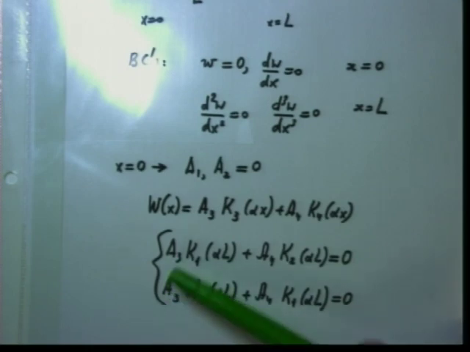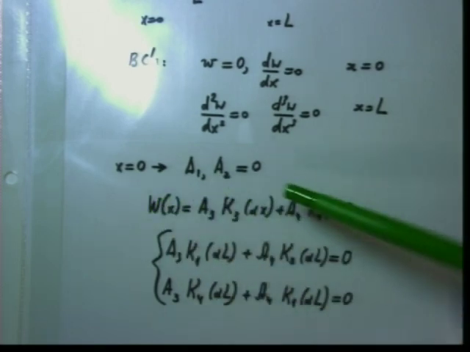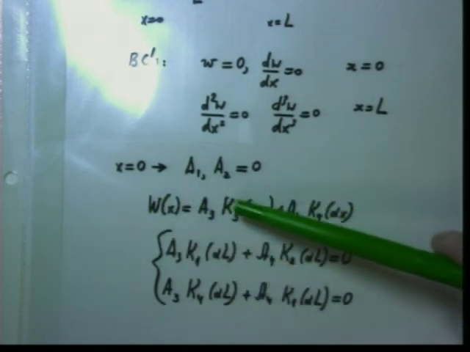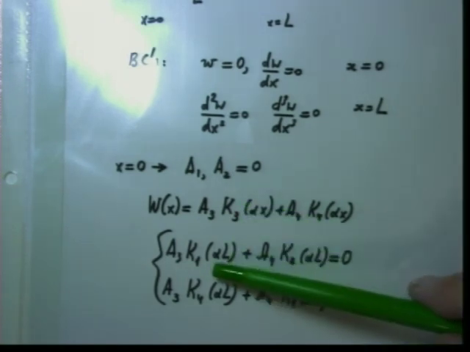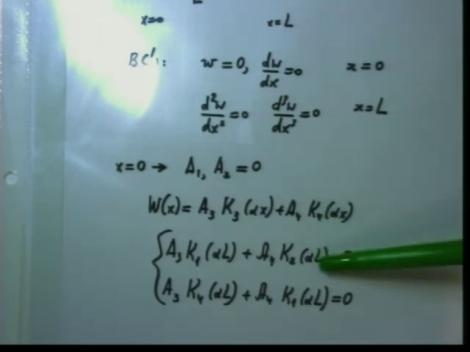Then we have two conditions at L. First of all, second derivative of this equals 0. So first derivative of K3 equals K2. Then one more derivative equals K1. So derivative here is K3, then one more derivative is K2.